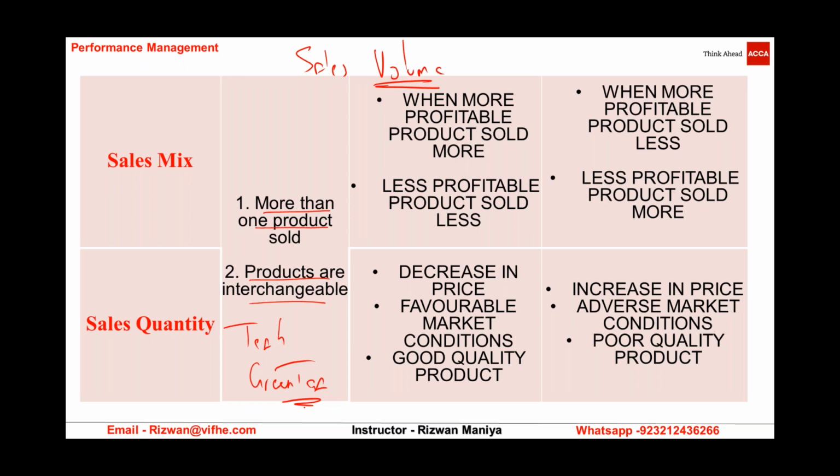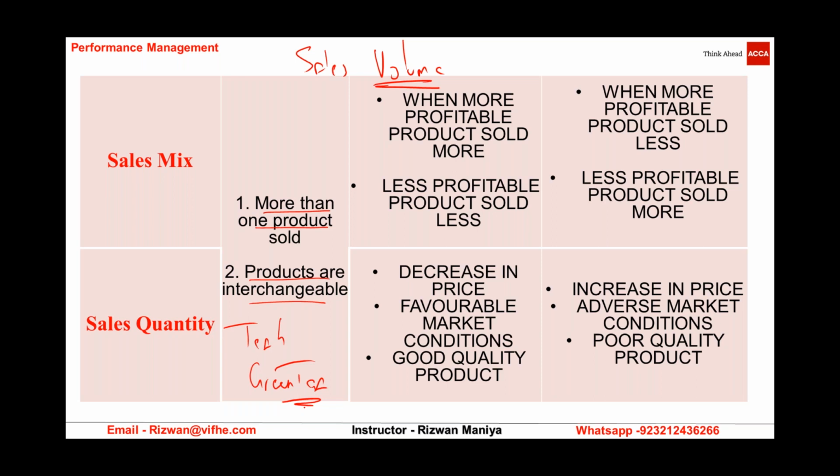Like if the sales of green tea go down, the company will be able to sell more teas. So yes, this is important. Interchangeable means the reduction in sales of one is compensated by selling more of the other product. And yes, this is the condition.